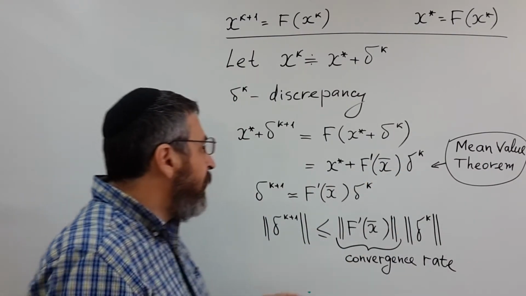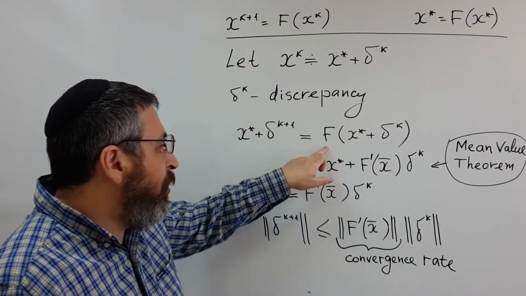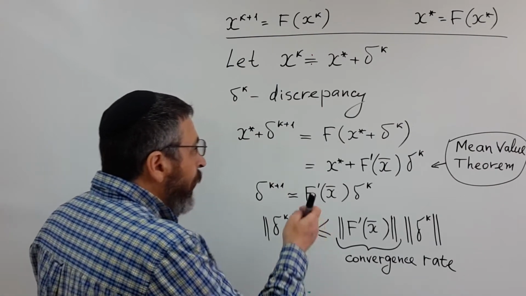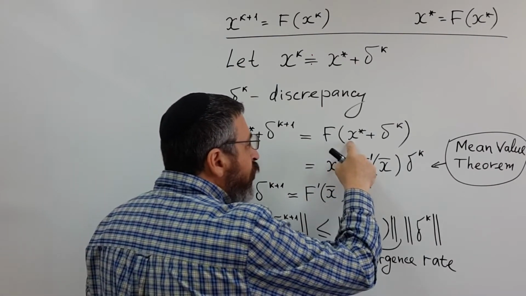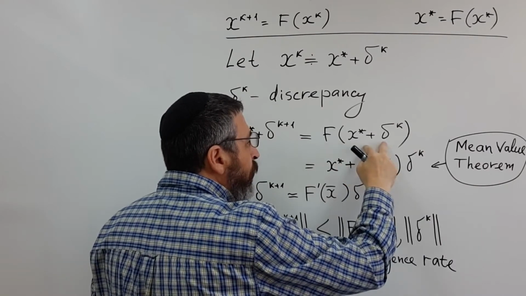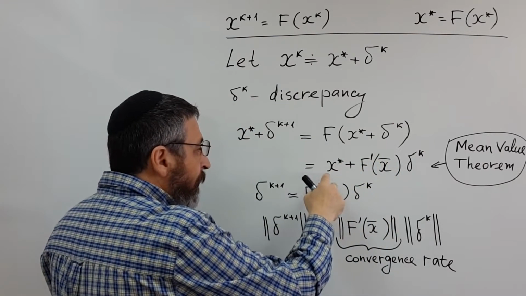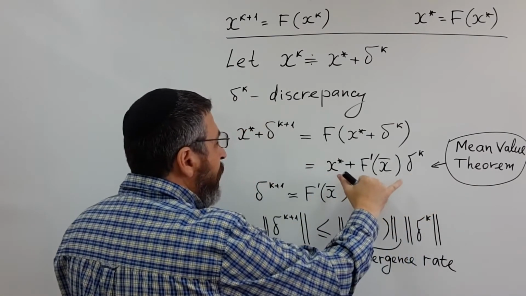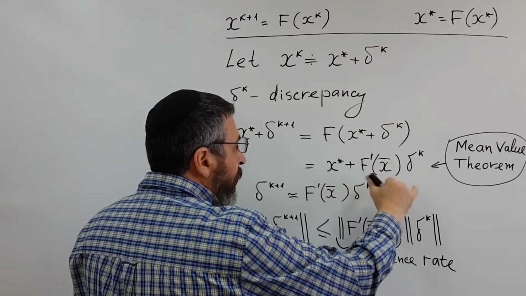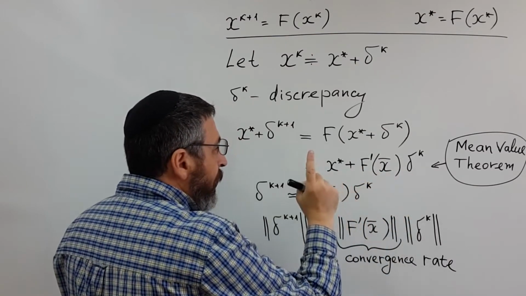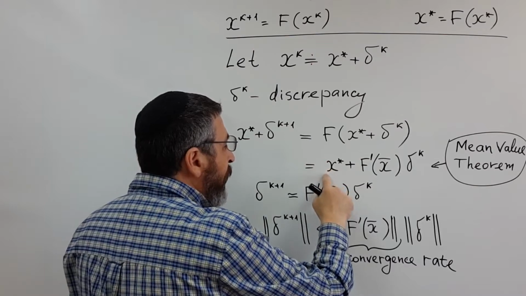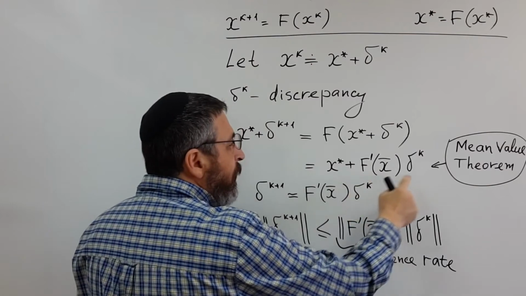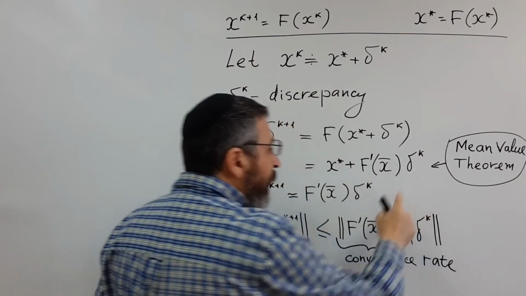On the other hand, if f is differentiable function, if we give some perturbation delta k to x star, we can evaluate the value of function in new point as a value in the original point plus Jacobian multiplied by perturbation.